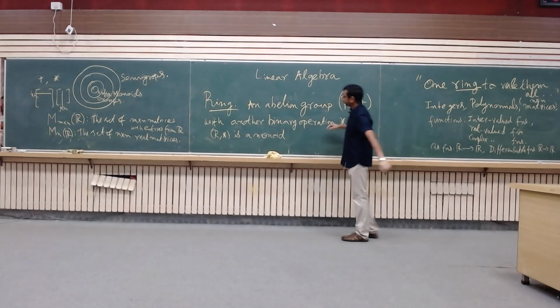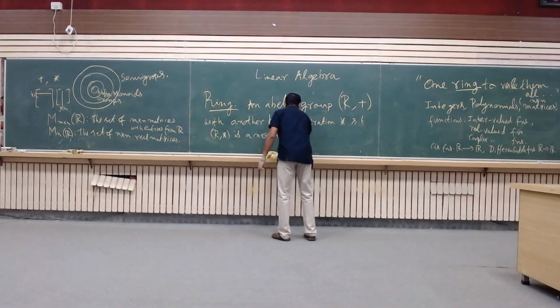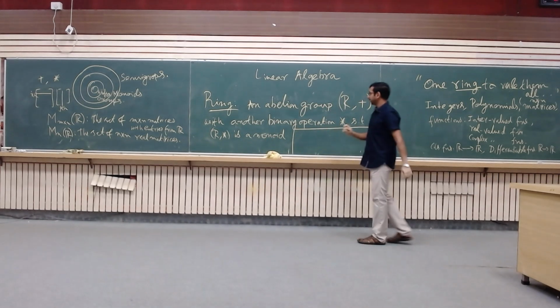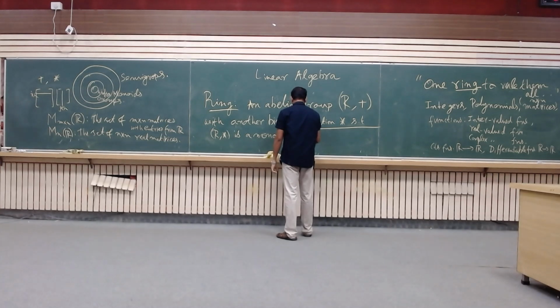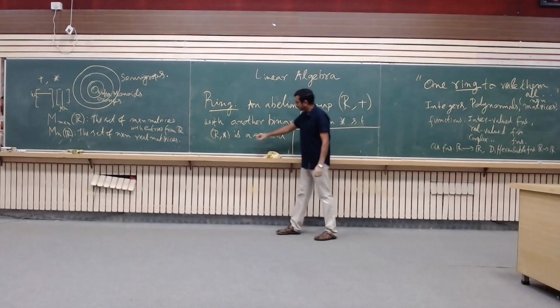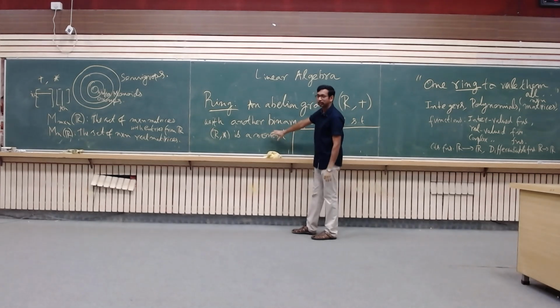So these two are the addition and multiplication in this abelian group. And then, this is not the entire set of assumptions.